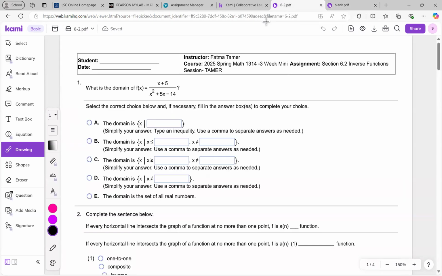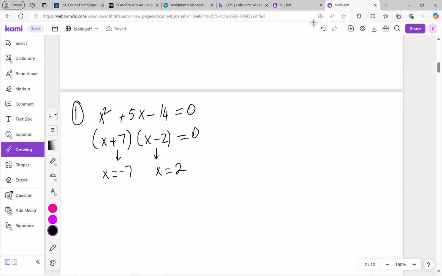So for this question, the domain is going to be all real numbers, except x cannot be equal to two certain numbers. So we're going to choose D, and then we're going to write the answer in set builder notation. So we're going to say the domain is, you can use any x you like.